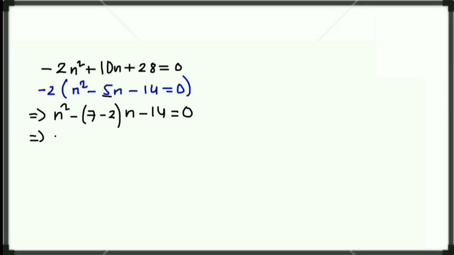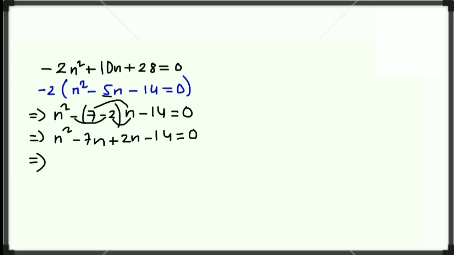Now n square minus 7n, and again plus 2n minus 14 equal to 0.